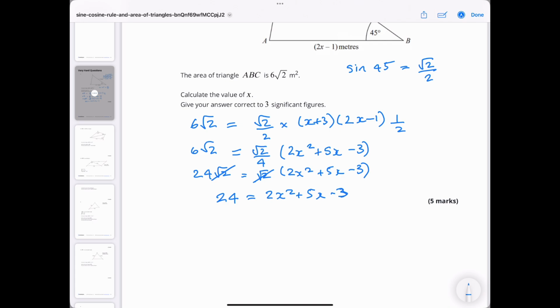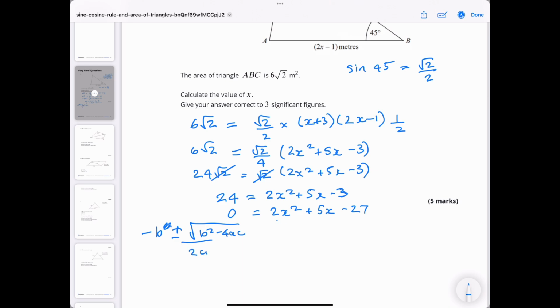In order to solve any quadratic, you need to make one side 0. So it's 2x squared plus 5x minus 27 equals 0. I can't think of anything that's going to go into that, so I'm just going to use the quadratic formula, because we can. The formula is minus b plus or minus the square root of b squared minus 4ac, over 2a.